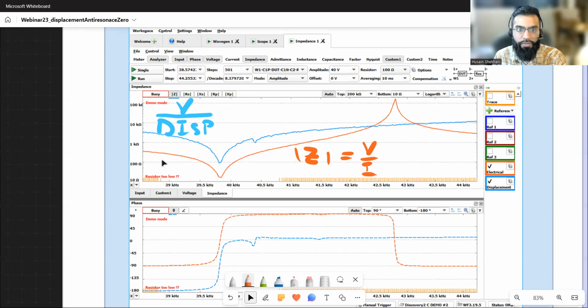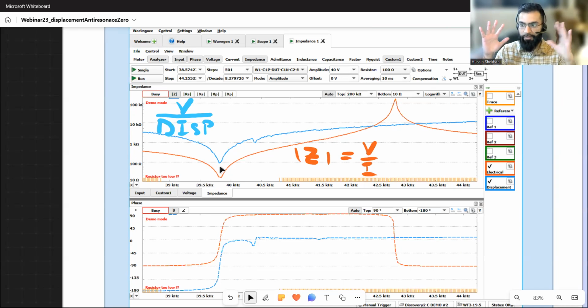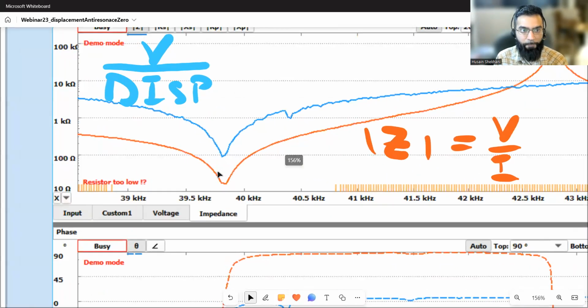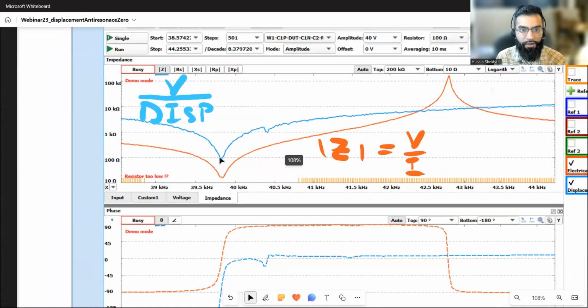At resonance, we see here, this is the climax of the presentation. One of the climaxes. At the resonant frequency, we see that the voltage to displacement value is the lowest, so displacement over voltage is high.